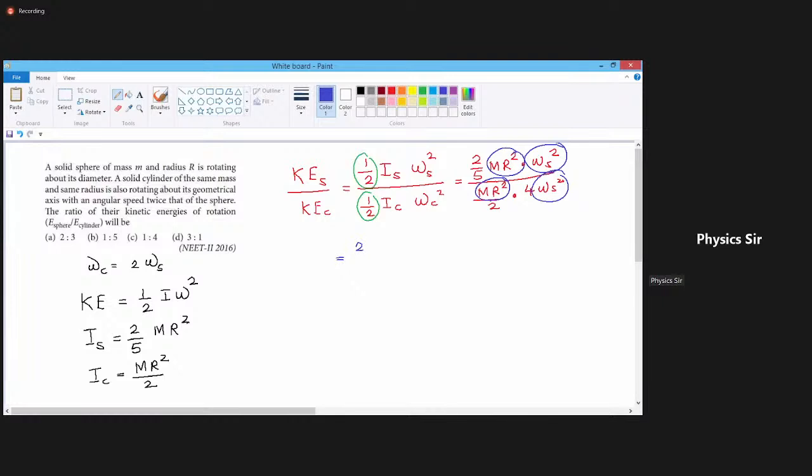What is left is 2/5, and this becomes 2 into 1/2, so this 2 gets cancelled. It is just 1/5. So the ratio of the kinetic energy of the sphere to the kinetic energy of the cylinder is 1/5. I hope all of you have understood.